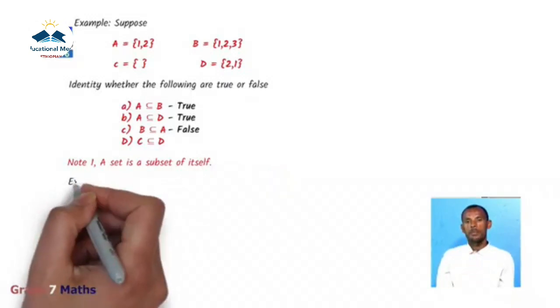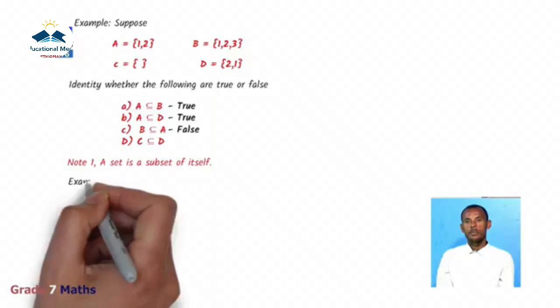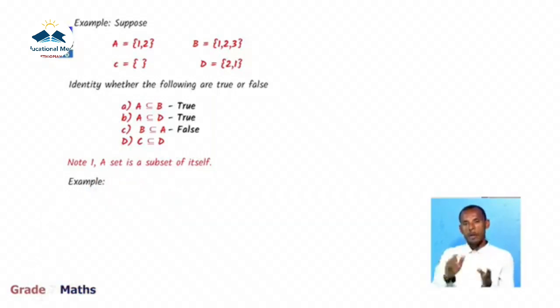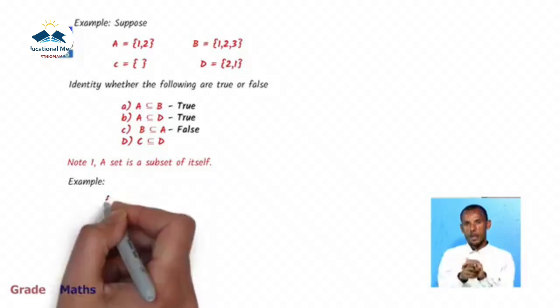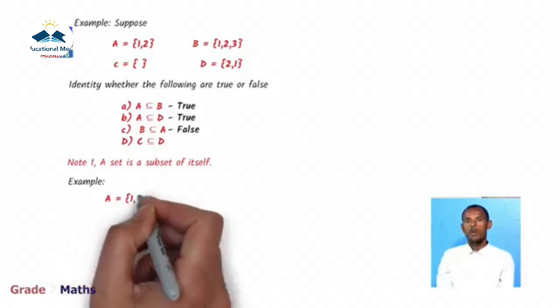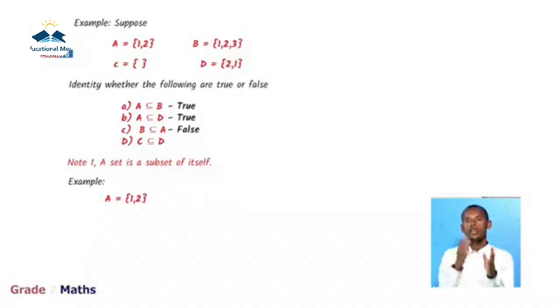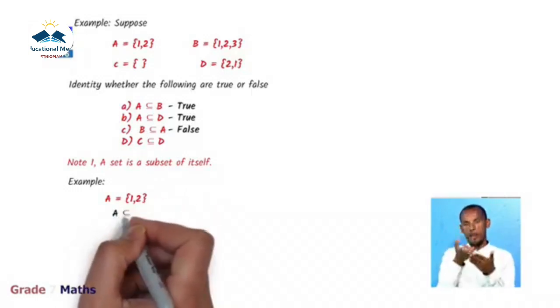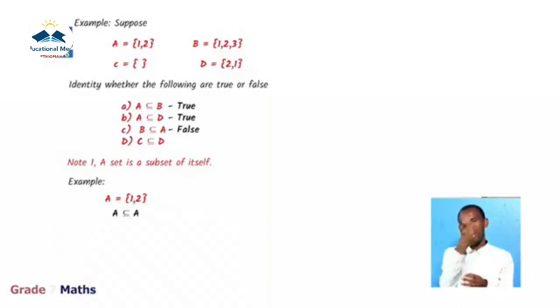If you take any set A, for example 1, 2, A is a subset of A is a true statement. All elements in A are also found in A, so any set is a subset of itself.